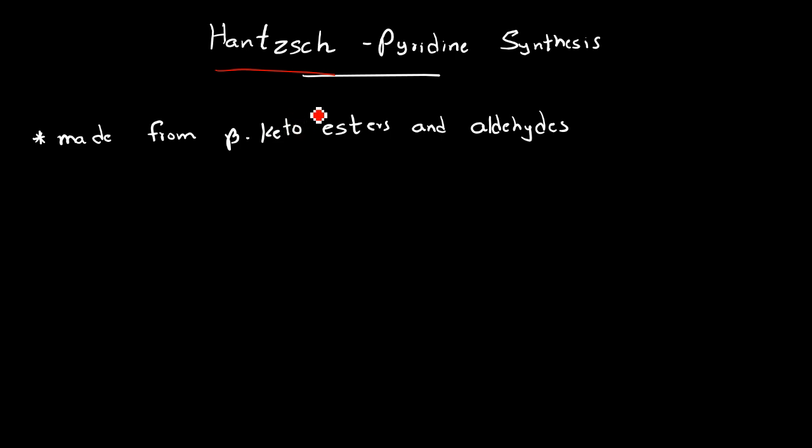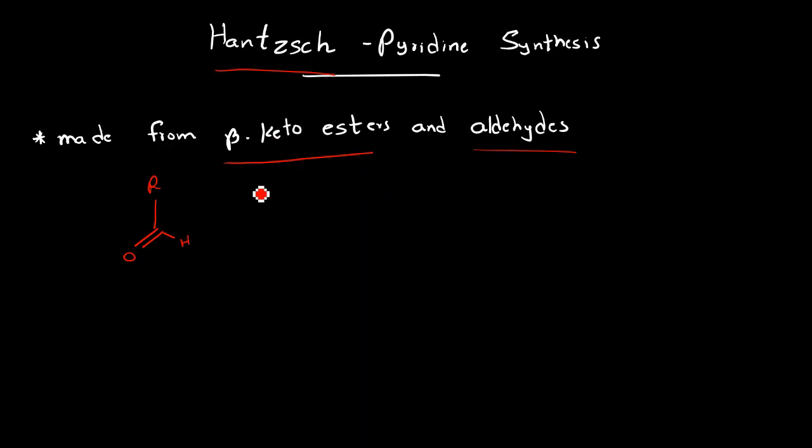In this mechanism, the pyridine is synthesized mainly from beta ketoesters and aldehydes. I hope you're familiar with aldehydes, right? So this is basically an aldehyde. This is the carbonyl carbon, and here we have an R group and the hydrogen. This is the aldehyde group.